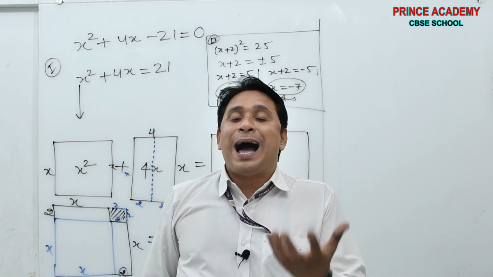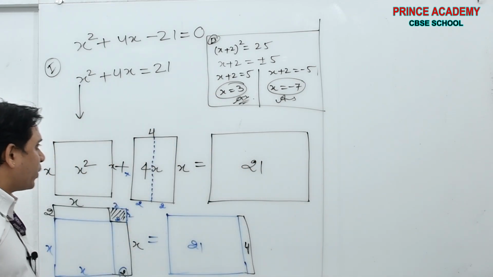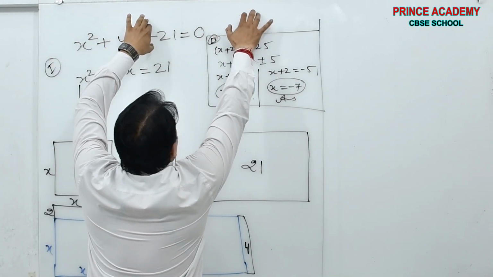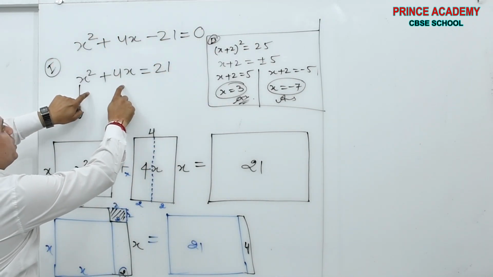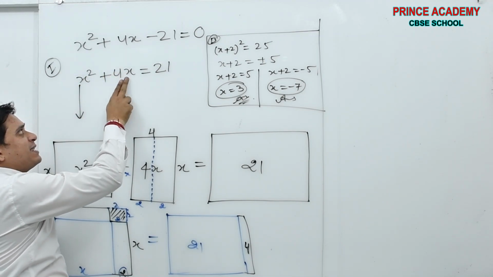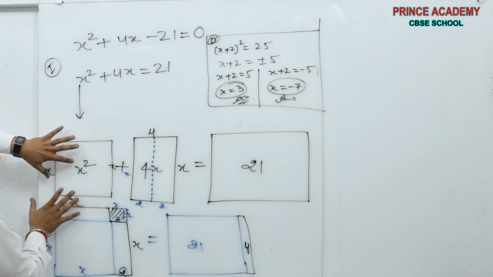What am I trying to make you understand? Geometrically you can think of this. When we shift this portion to this side, this portion is treated as a square and a rectangle. This rectangle is bisected into two parts and attached to the square.